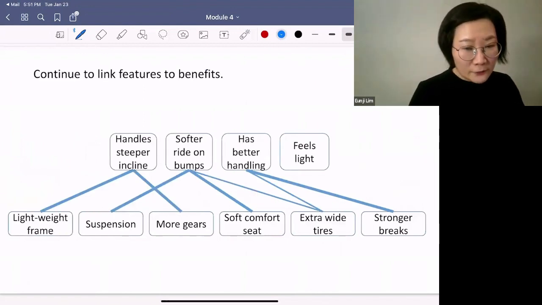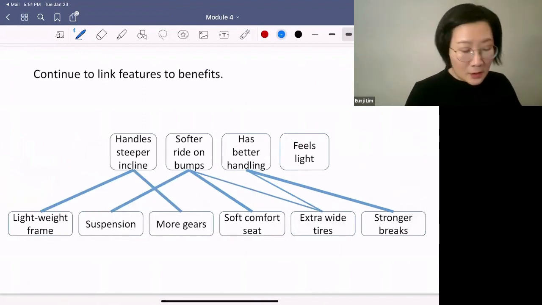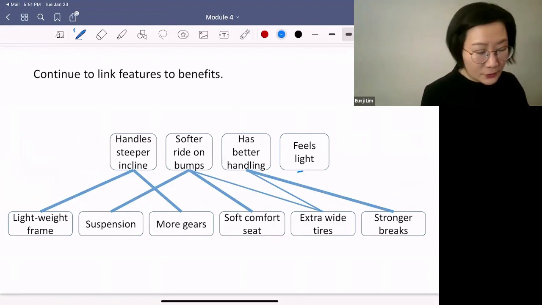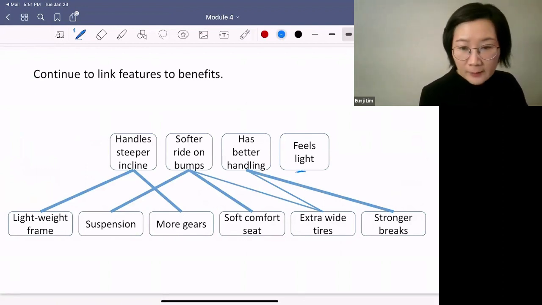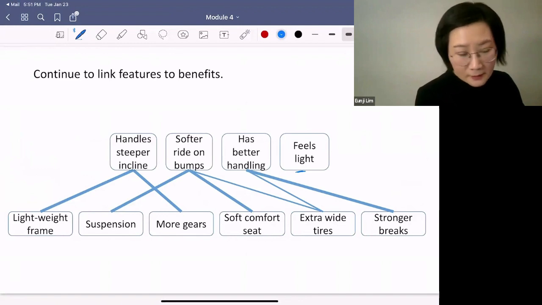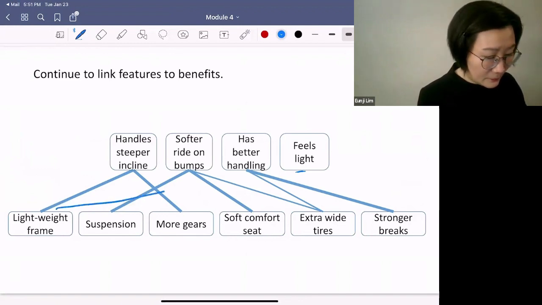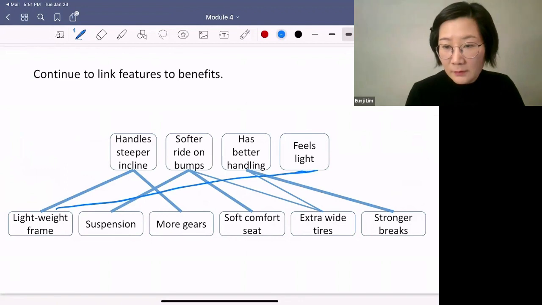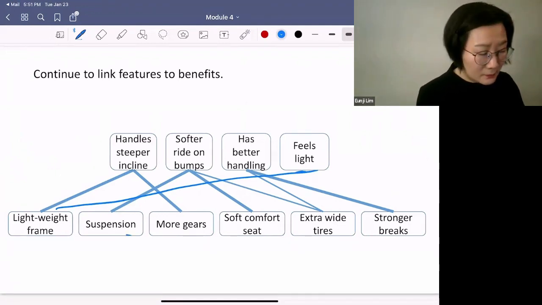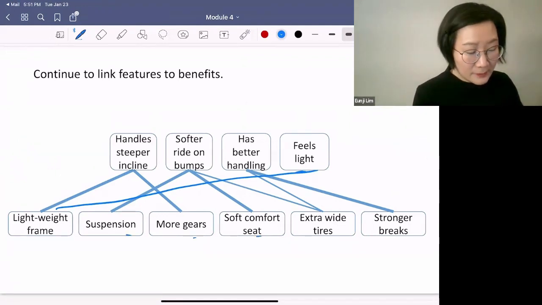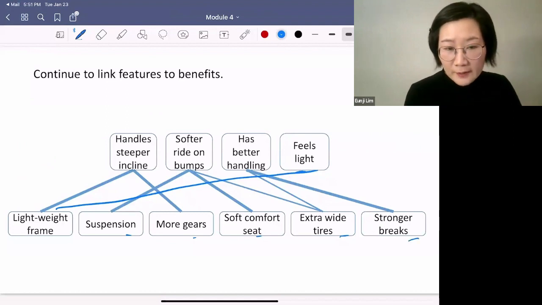Let's continue to link features to benefits. Feels light. So if you use lightweight frame, will your bike feel light? Yes. Suspension? More gears? Soft comfort seat? Extra wide tires? Stronger brakes?